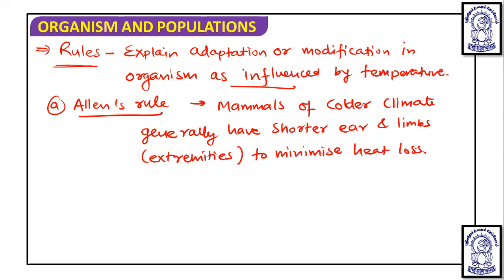So the presence of shorter ears and limbs in a colder climate is seen in Allen's rule. Another rule is known as Bergmann's rule.